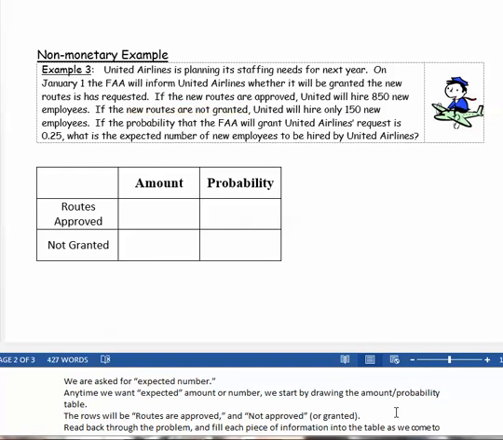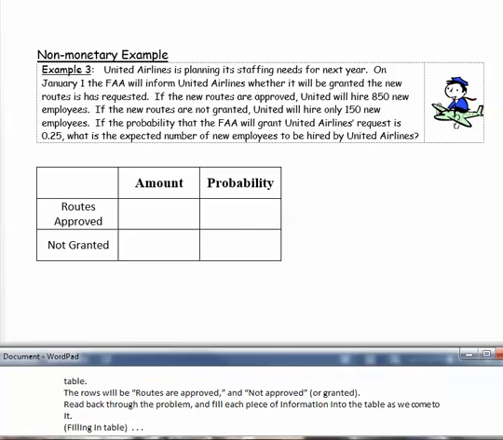Read back through the problem and fill in each piece of information into the table as we come to it. So United Airlines is planning its staffing needs for the next year. On January 1st, the FAA will inform United Airlines whether it will be granted the new routes it has requested. If the new routes are approved, United will hire 850 new employees.